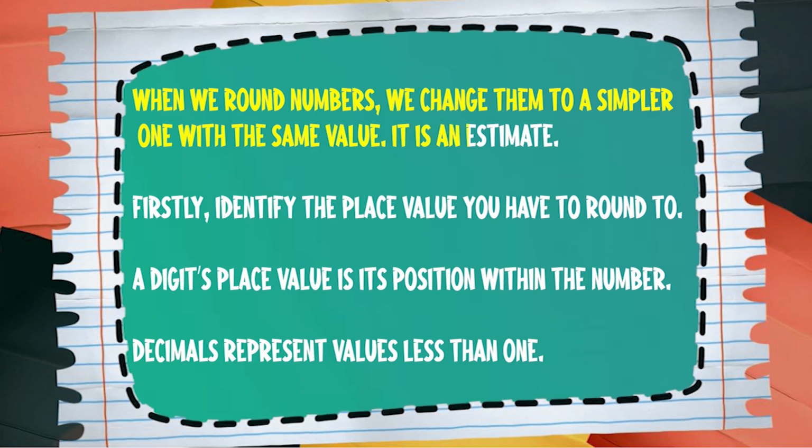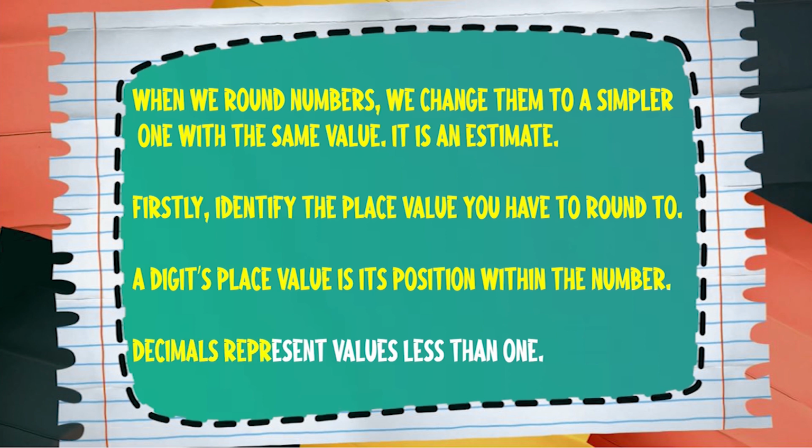It is an estimate. But before rounding a number, you have to identify the place value you have to round to. A digit's place value is its position within any given number, or its position in the notation chart.